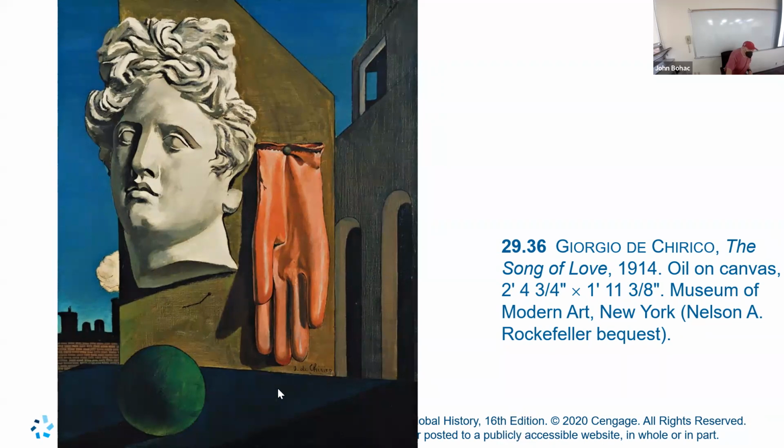This is a pretty adequate, pretty competent depiction of space and objects, just like you would see in art from 100 years prior. But what he's painting, his subject matter, is not particularly of this world.